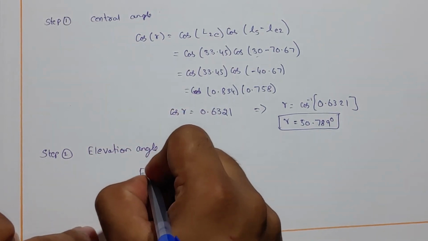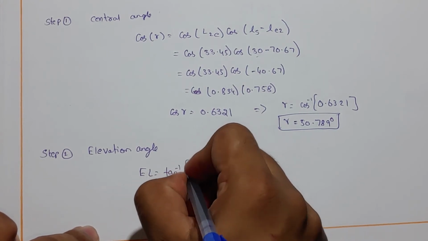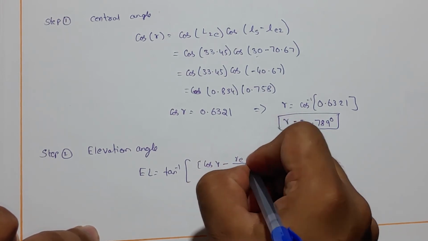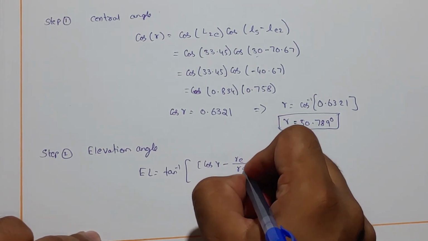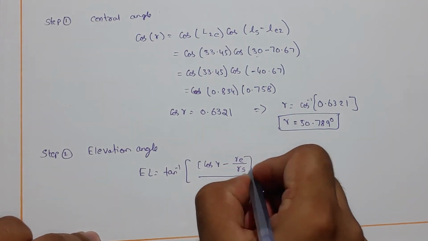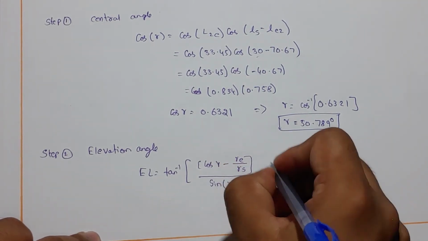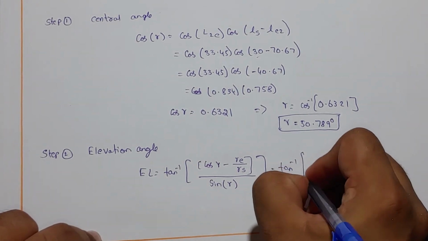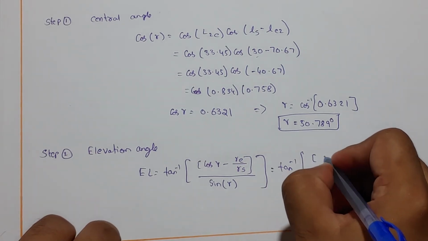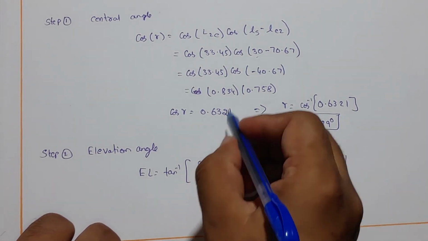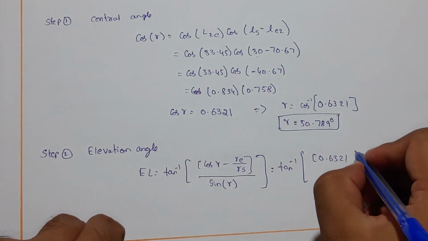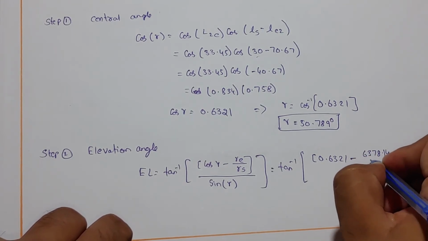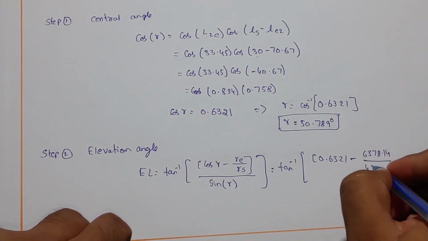We know that elevation angle EL is equal to tan inverse of cos of central angle minus earth radius by satellite radius from the surface, divided by sine of central angle, which is equal to tan inverse of 0.6321, that is cos of central angle, minus earth radius, that is 6378.14 kilometers, divided by the geosatellite.